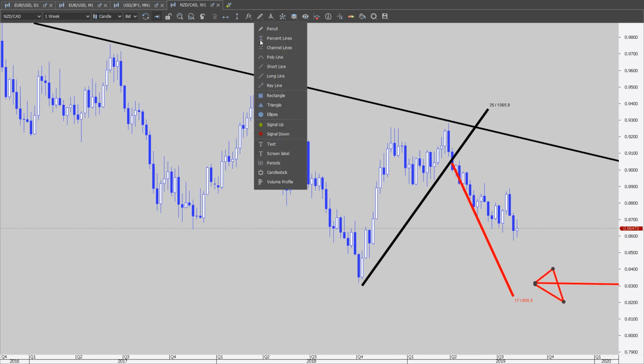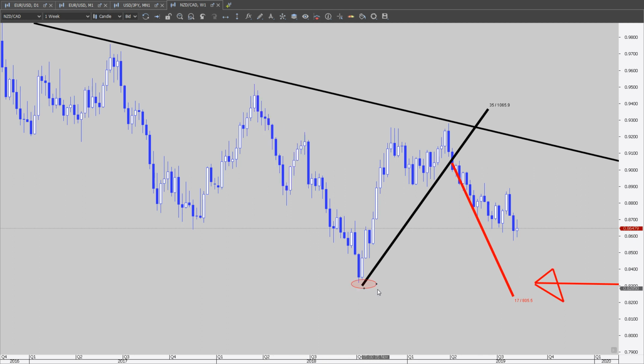So this would be the case. The market is falling below the lower low. This is where you can take your profits if you want, of course.